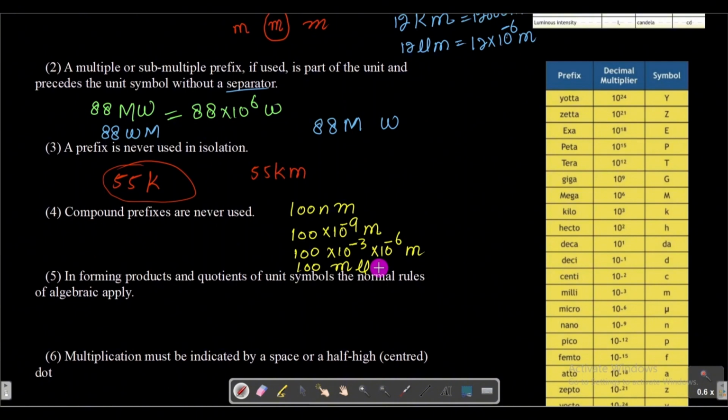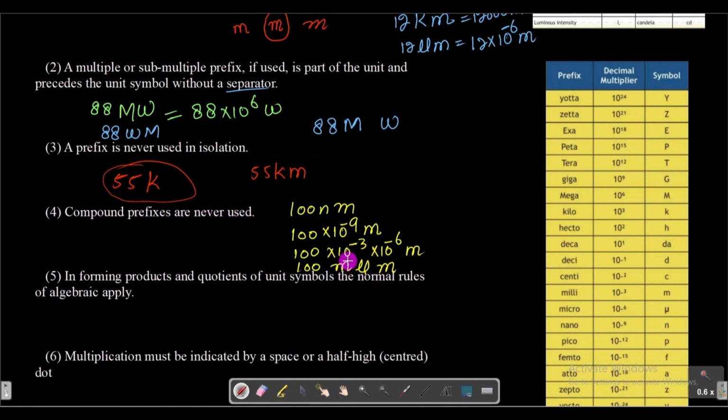So this is micro, and again, this is the meter. So here we have compound prefixes, as this is the milli and this is the micro, and here the unit. So according to this rule, compound prefixes are never used.